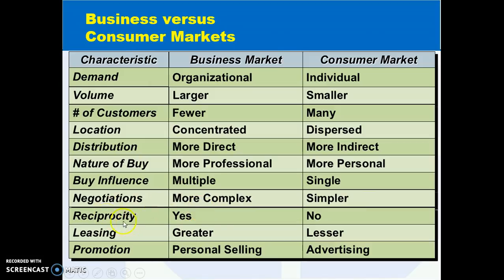There's something called reciprocity that exists in business markets, not in the consumer markets. Reciprocity means you buy from me and I will buy from you.